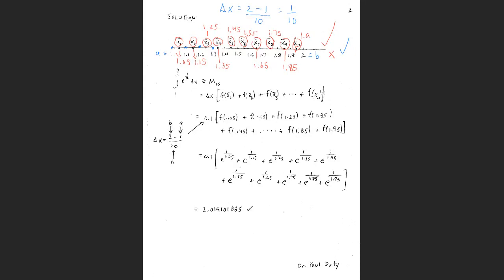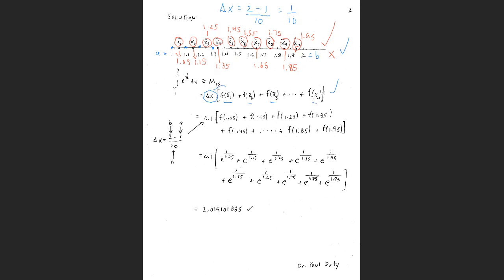All right, well, now we want to get our approximation. So here is the formula. If you think about the formula, it's delta x times the sum of the function values at your 10 midpoints.